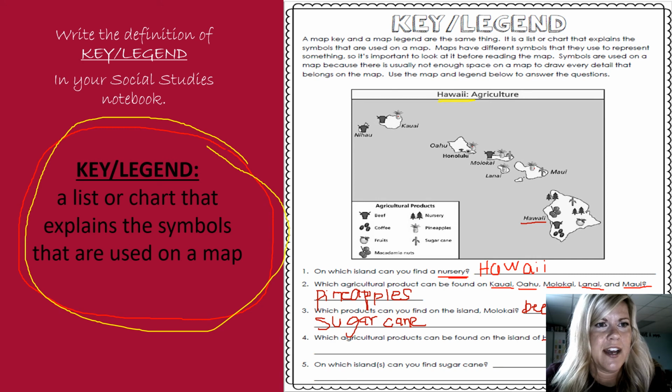I see they have trees. So let's go over to our key, and I see that a tree stands for a nursery. A nursery is where plants and trees are sold, among other things, but mainly plants and trees. Nursery, and then we have this picture again, which stands for sugarcane.